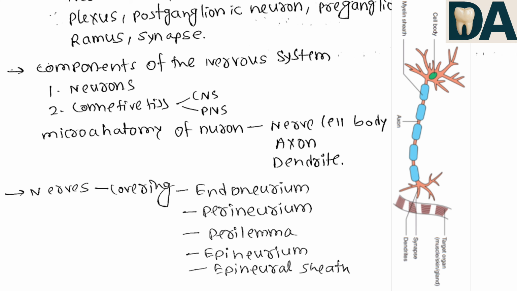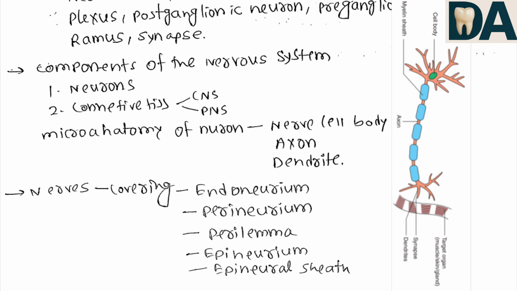The tissue that performs supportive functions such as providing nutrition and protection to the neurons. They are of two types. One is the connective tissue of the central nervous system called neuroglia, and the other is the connective tissue of the peripheral nervous system consisting of the Schwann cells and loose connective tissue.